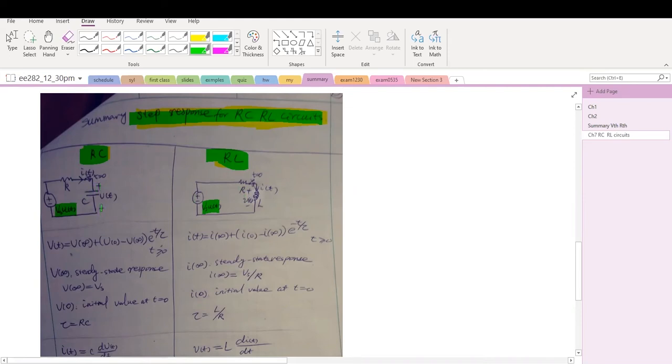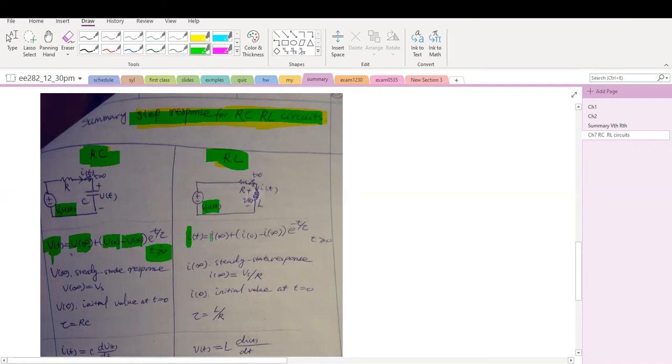The response for the voltage at the capacitor is v of t equals V infinity plus (V of 0 minus V infinity) multiplied by e to the power minus t divided by tau, and this is for t greater than 0. For the RC circuit, we talk about the voltage across the capacitor, and for the RL circuit, we talk about the current.